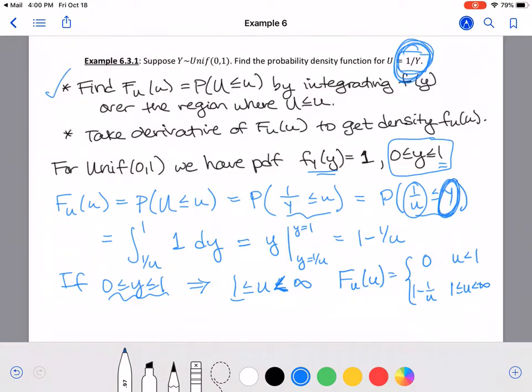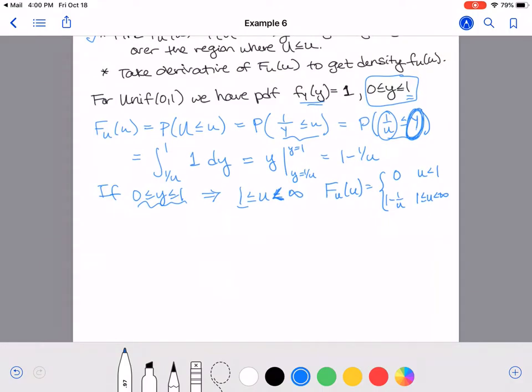Now the next thing is we would take the derivative of this to get our density function. So if we take the derivative of 1 minus 1 over u, what we get is 1 over u squared. Because what is this really equal to?